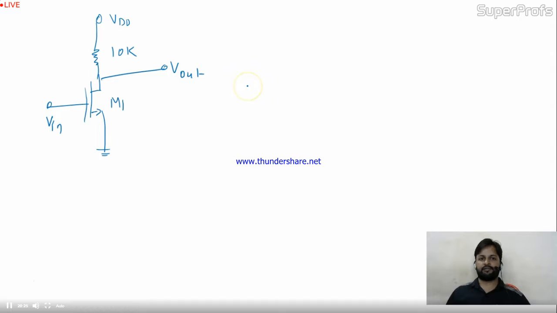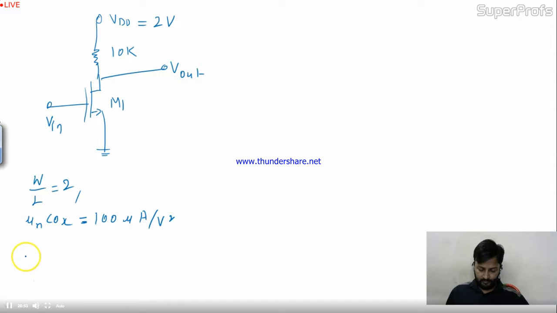Now the question is, for the MOSFET M1 shown in the figure, assume W by L is 2, VDD is 2 volt, mu n COX is 100 microampere per volt square, and threshold voltage is 0.5 volt.